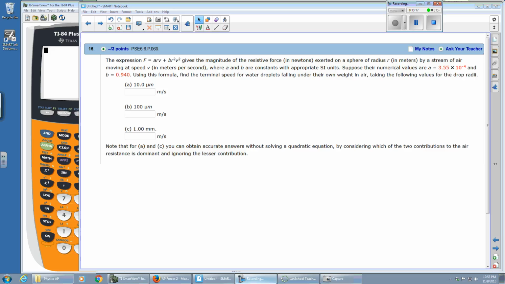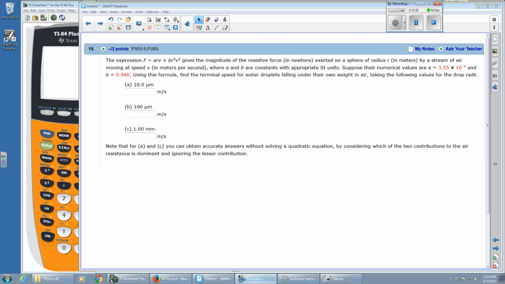The expression gives the magnitude of the resistive force in newtons exerted on a sphere of radius r meters by a stream of air moving at speed v, with appropriate units.